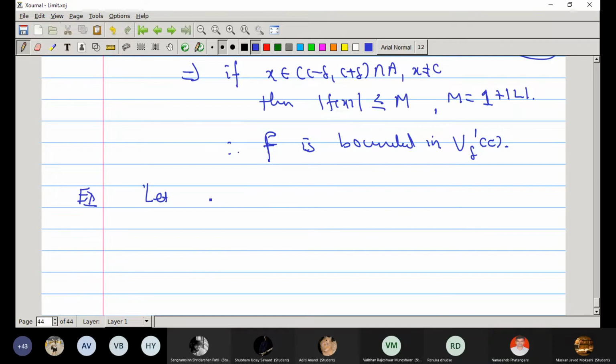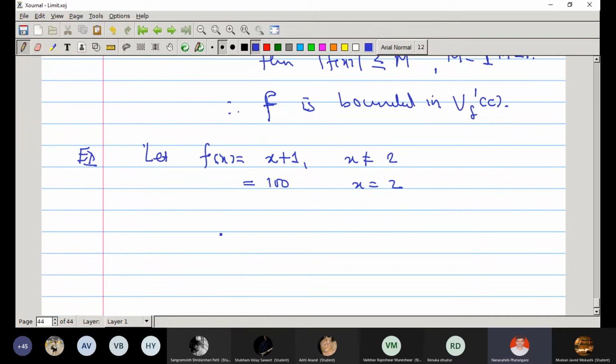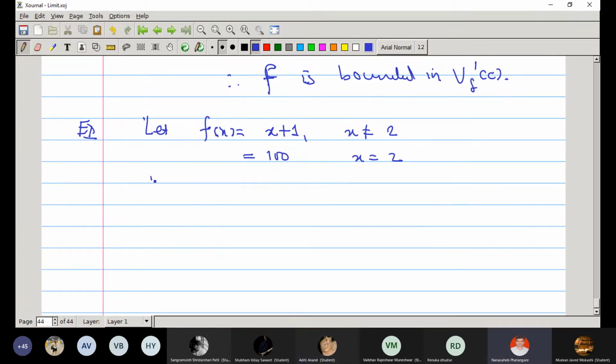Let f(x) be equal to x plus 1 if x is not equal to 2, and 100 if x is equal to 2. Do you understand the function now? Can you see this function, f(x) equal to x plus 1? In the graph of this function, here it is 2.